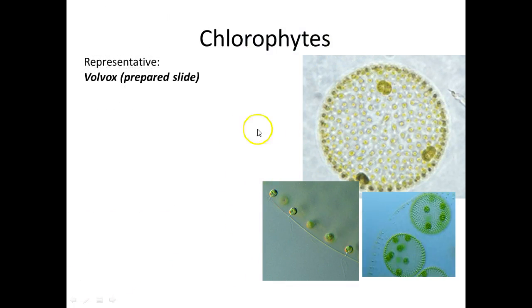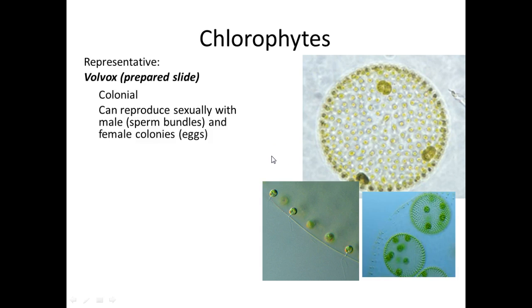Alright. So, Volvox, again, prepared slides are going to look purple. You're going to see these balls. You're looking for this big colony with the daughter colonies on the inside. The whole colony could be all sperm that will break up and run to find the other colonies that may be egg colonies where they're all eggs. Or they can reproduce asexually.